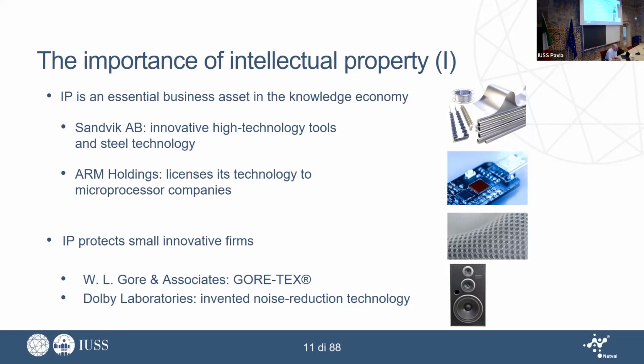These are some examples of innovation that has been protected and exploited by the inventors. The first one is Sandvik AB. It's a Swedish developer and manufacturer of tools and machinery.